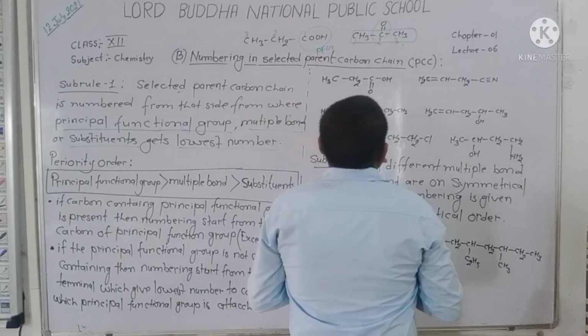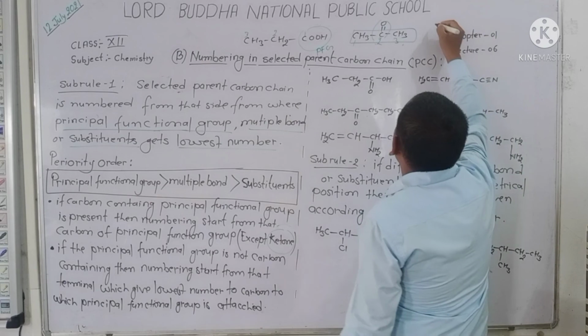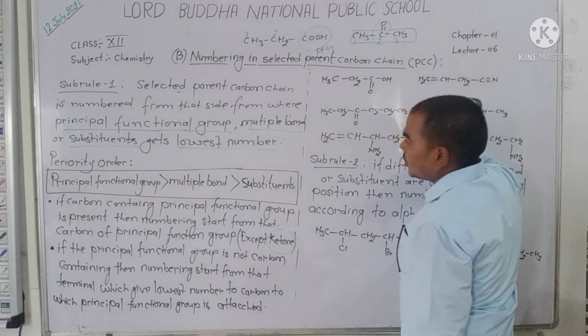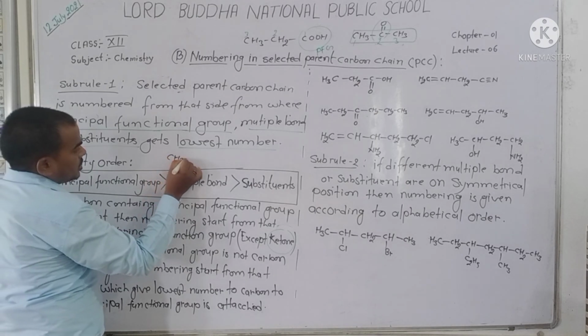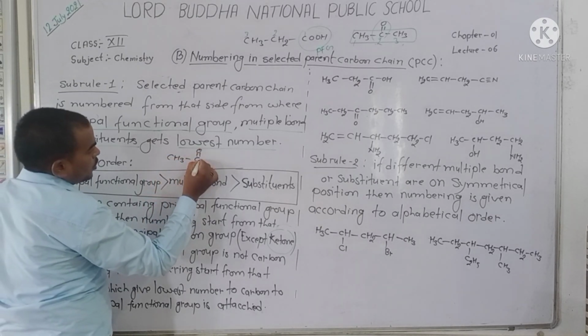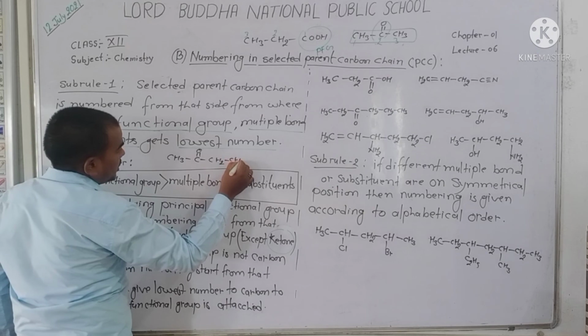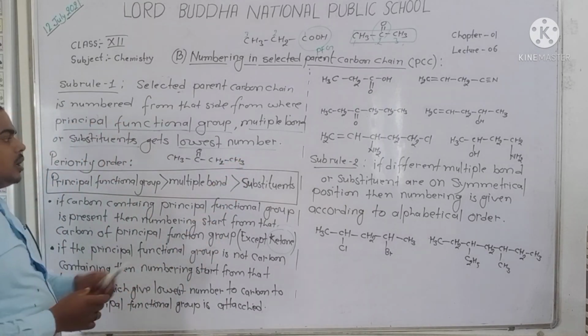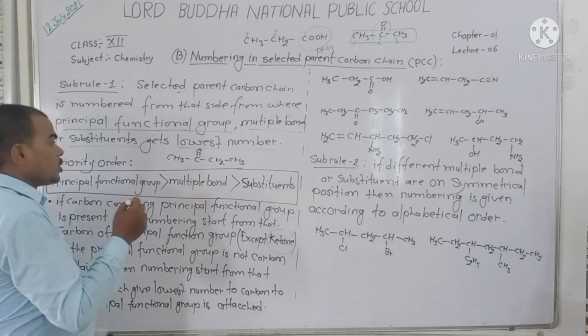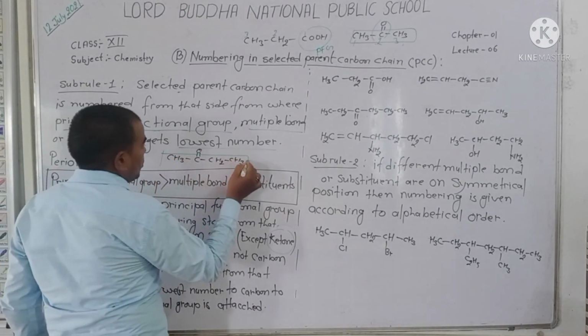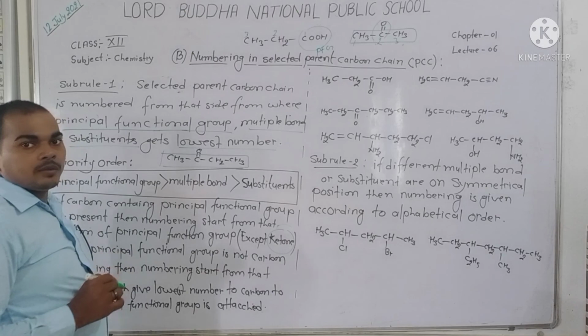But in another example, CH3COCH2CH3, dear student, here a ketonic group is present. For the ketonic group, firstly you select a PCC.